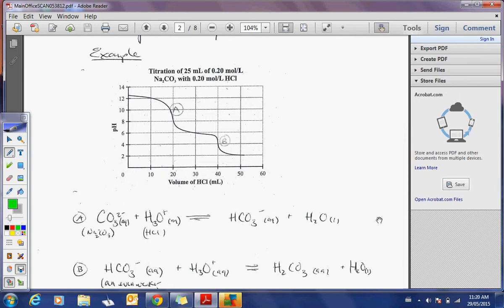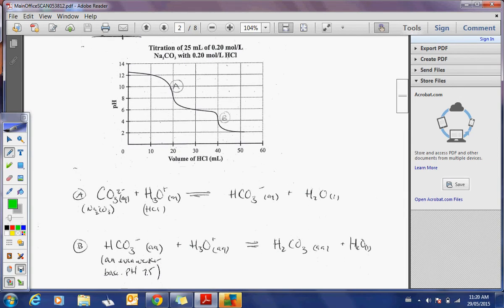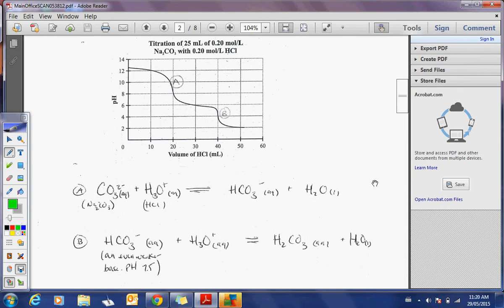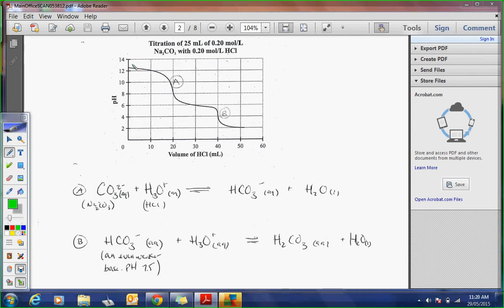Okay, so this is just the graph of it. So for example, here I have a polyprotic base. So we've started at a basic pH. So there's your basic pH there. And at point A, I've reached some kind of an equivalence point there, for that reaction.